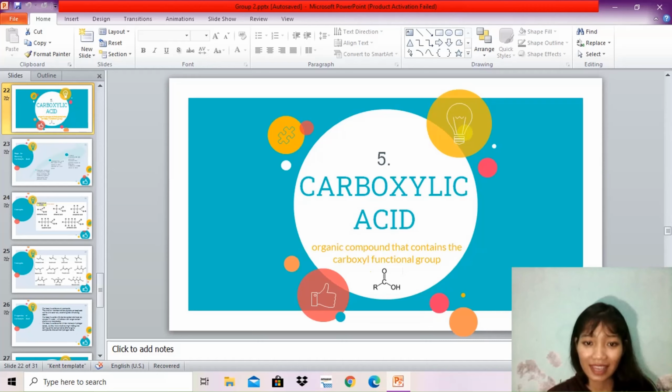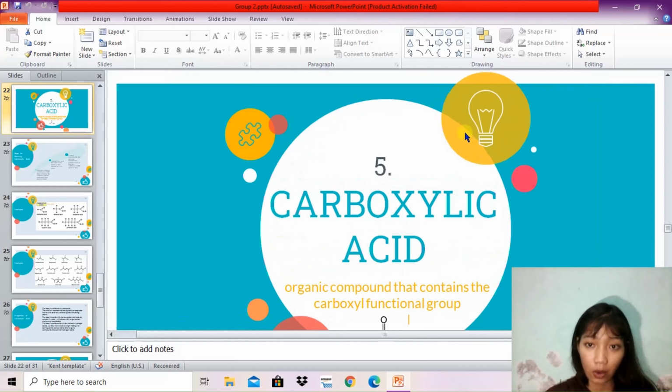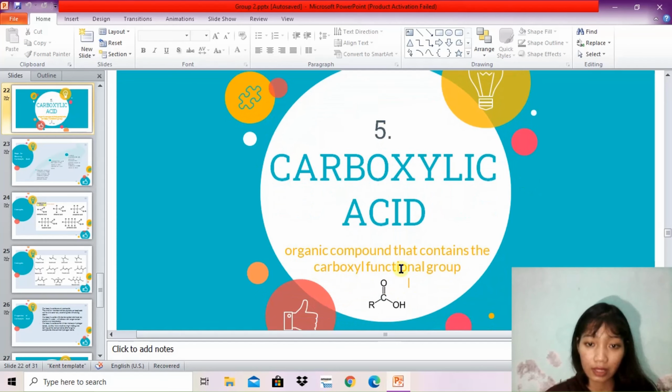So, carboxylic acid. A carboxylic acid is an organic compound that contains the carboxyl functional group. A carboxyl group, or COOH, is a functional group consisting of a carbonyl group, CO. As we can see here, this is the CO, a C that is double bonded with oxygen and with a hydroxyl group or OH attached to the same carbon atom.